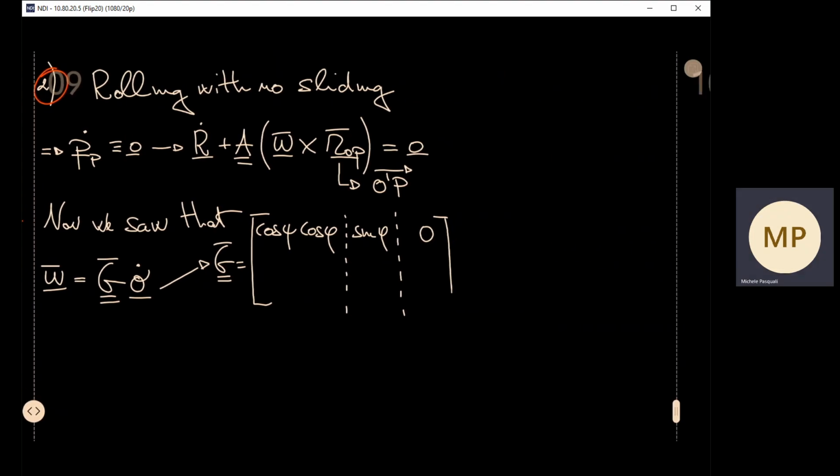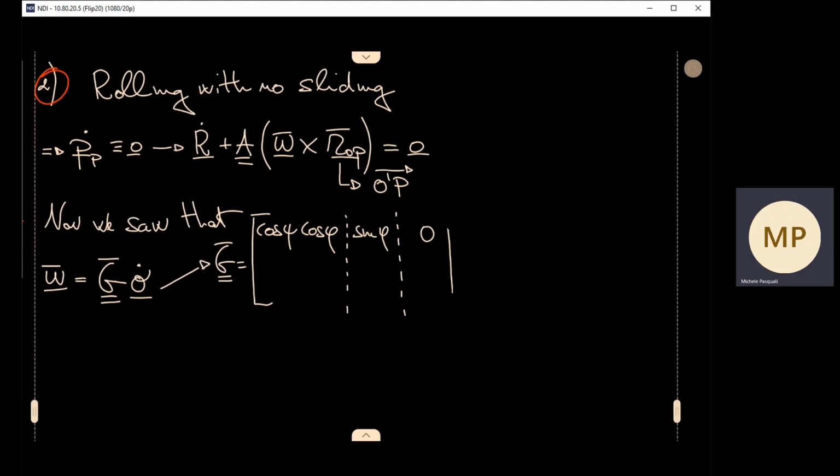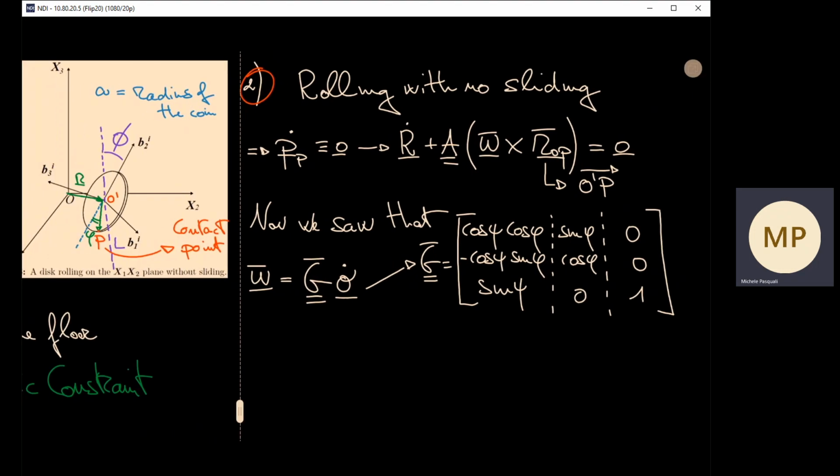Cosine of psi, sine of phi, cosine of phi, 0, and then we have sine of psi, 0, 1. Again, why does this have this form? Because it's rolling about the axis B3.